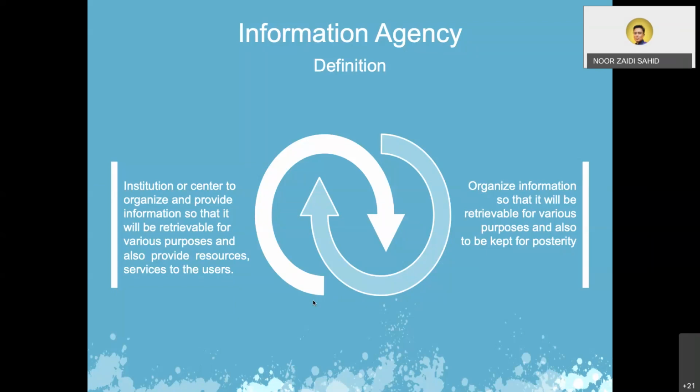But at the same time, information also has history or heritage or social value. We call this a social value, which means information as a national heritage. Contohnya bagaimana? Maklumat yang ada disimpan di archive, museum, and etc.